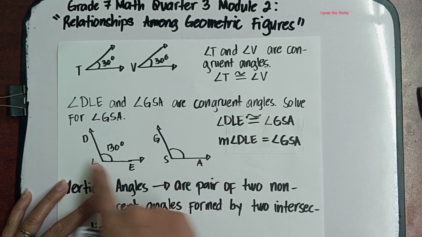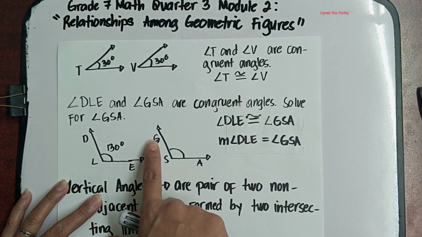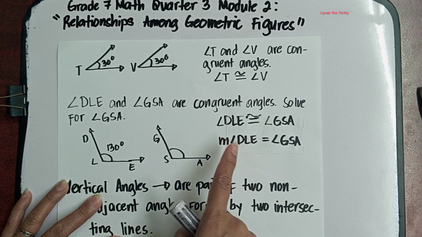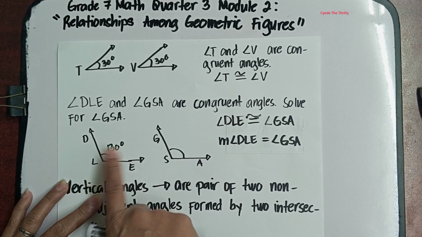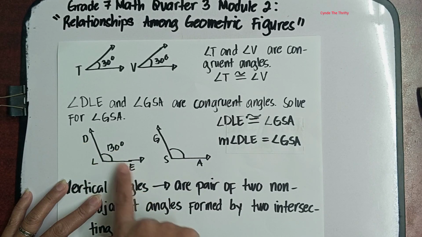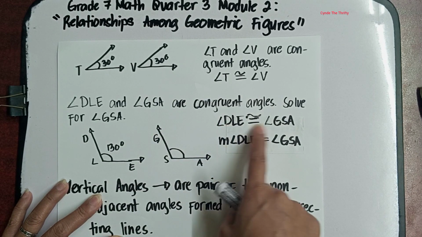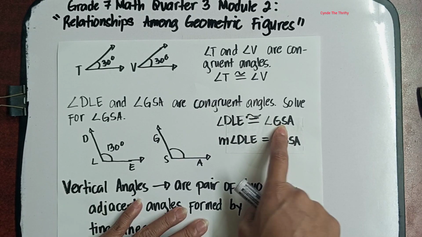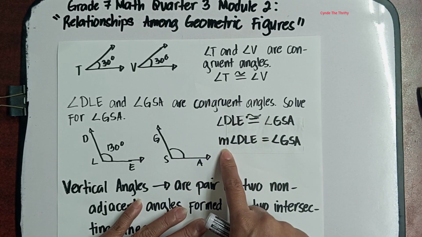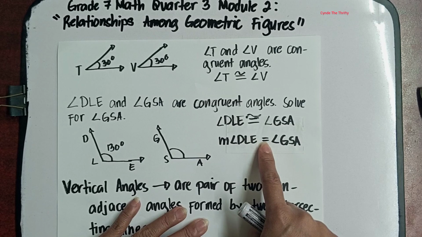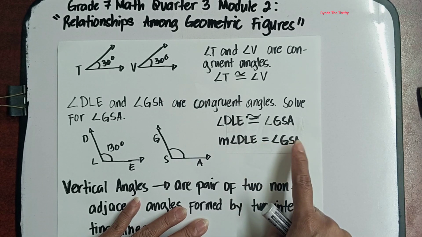So, si angle DLE daw at si angle GSA ay magkapareho ang sukat. So, ang given natin, si angle DLE, ang kanyang sukat is 130 degree. So, therefore, angle DLE is congruent to angle GSA. So, ibig sabihin, ang measure ni angle DLE ay equal lang sa measure ni angle GSA.